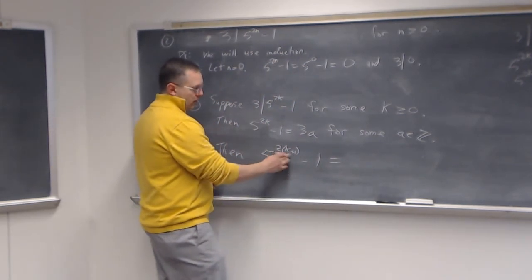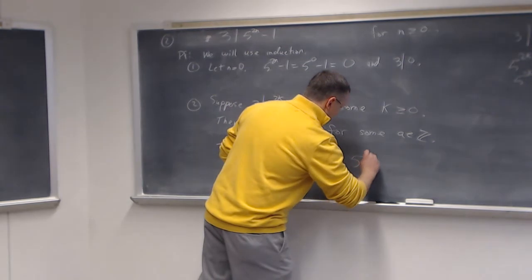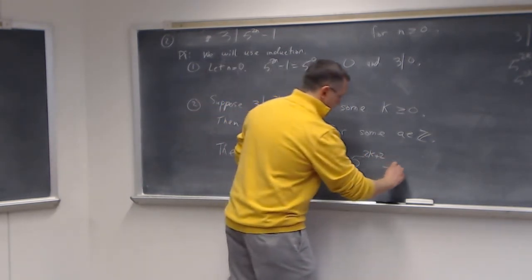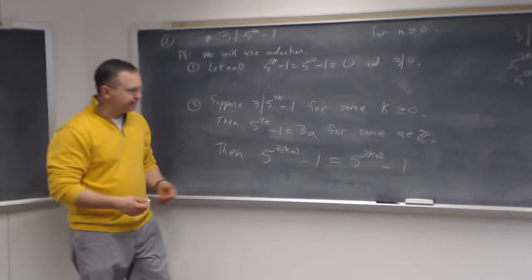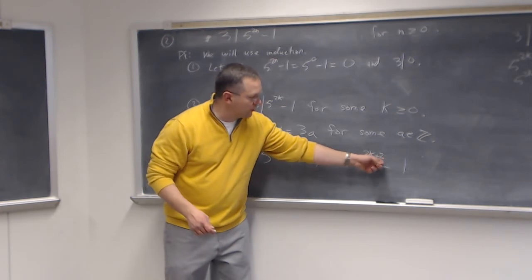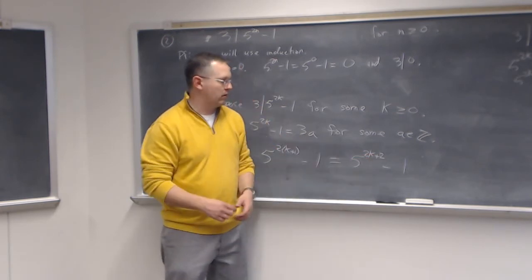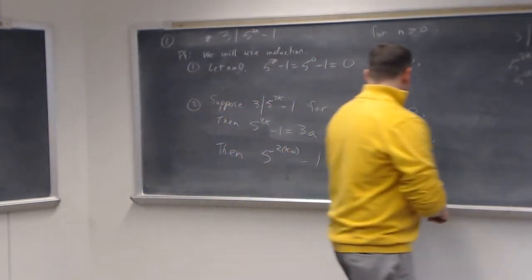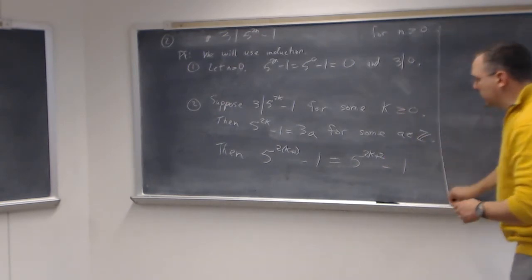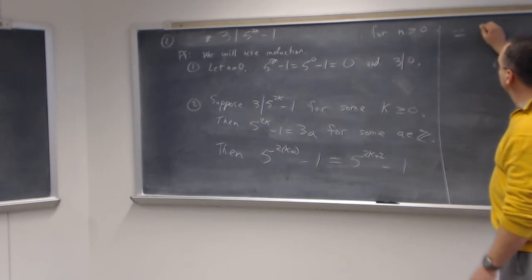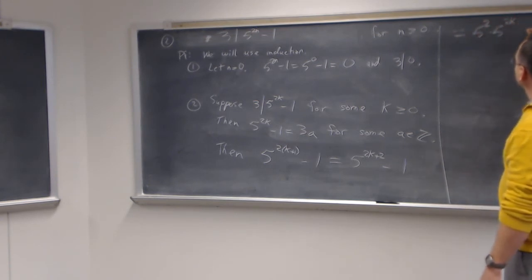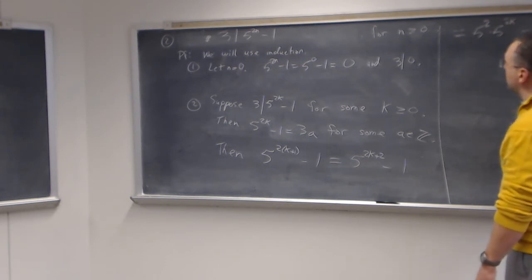You have to use your exponent rules here. This looks like 5 to the 2k plus 2 minus 1, which is 5 squared times 5 to the 2k, minus 1.